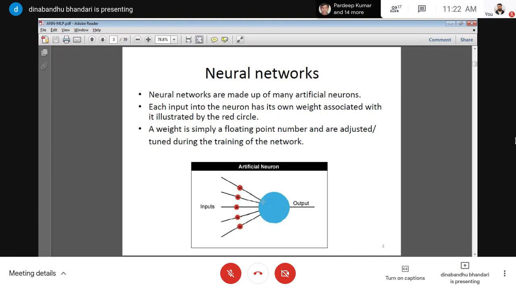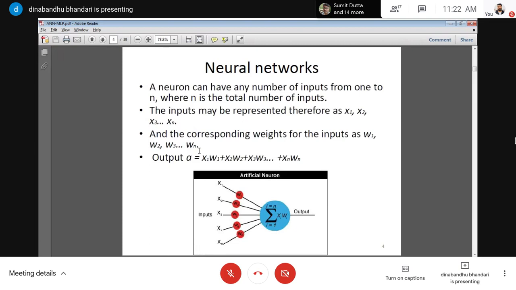Maybe you can think of that some connection may be very close, some connection may be a bit apart from one neuron to another one. Each input into the neuron has its own weight associated with it, illustrated by the red circle here. A weight is simply a floating point number, that is a real number, and it is adjusted, tuned during the training of the network. It's a very simple one.